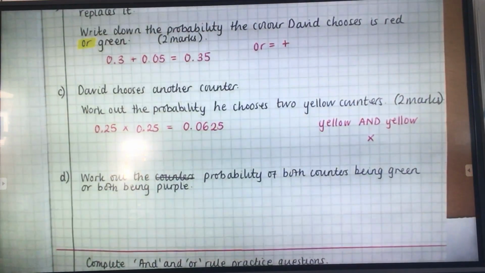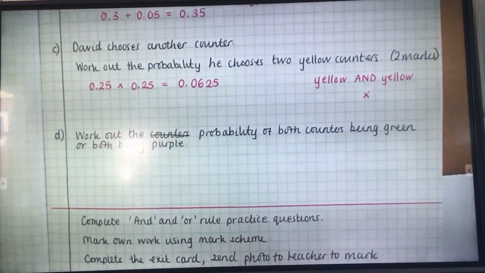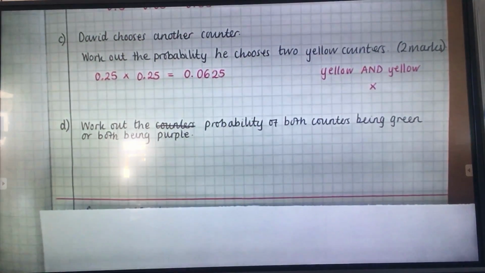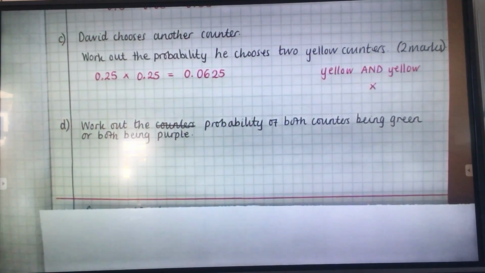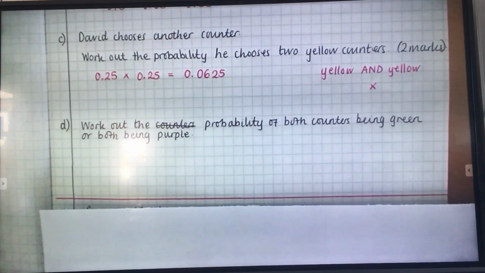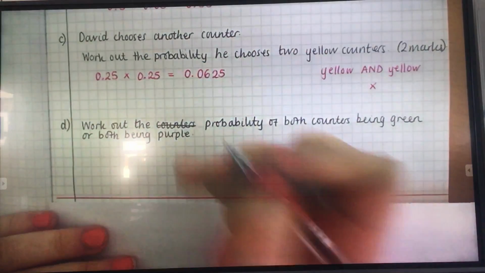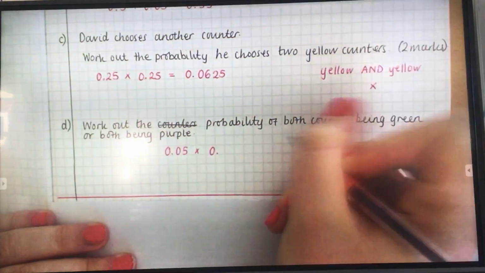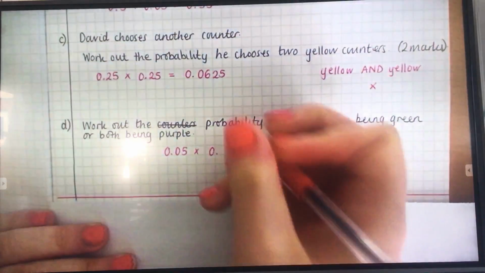Now, last question is the trickiest one of them all, and it says, work out the probability of both counters being green or both being purple. So both being green, we know the probability of green is 0.05, and we're timesing that because it's both green, so green and green.